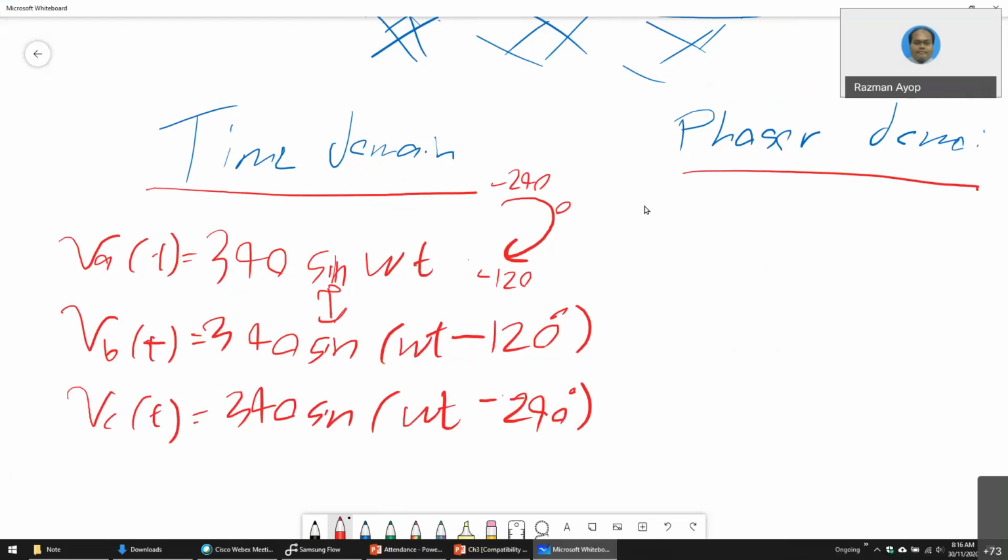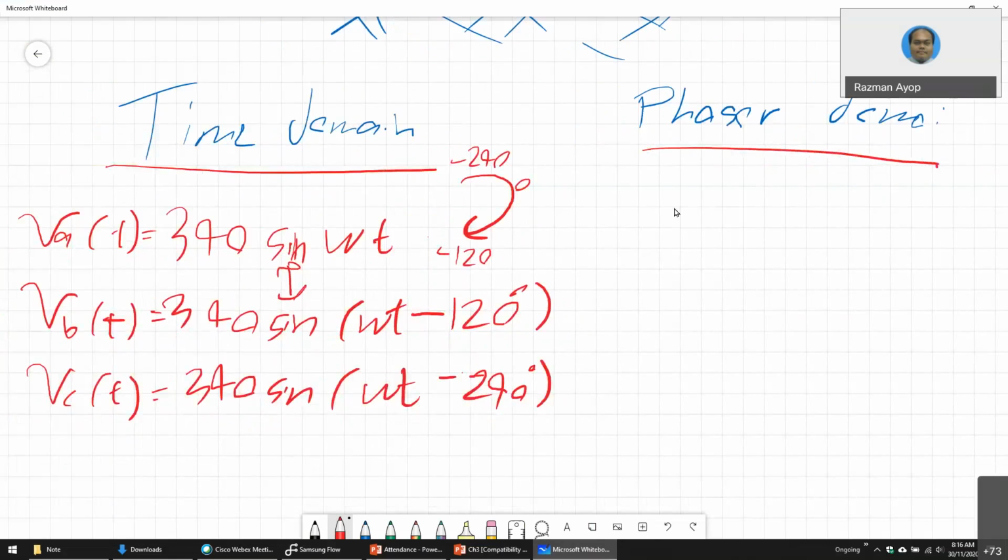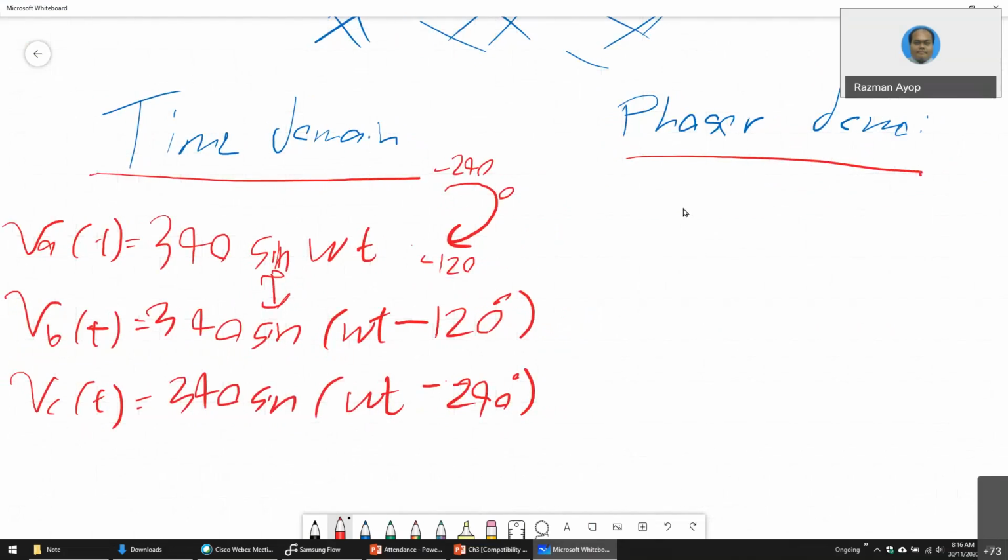And then you have to convert this to phasor domain. So how to convert this? Same as before in chapter 2. Make sure it's capital V first, then 340 divided by square root 2. Don't forget VRMS. The angle is 0 degrees.